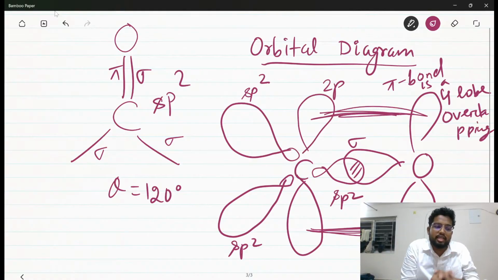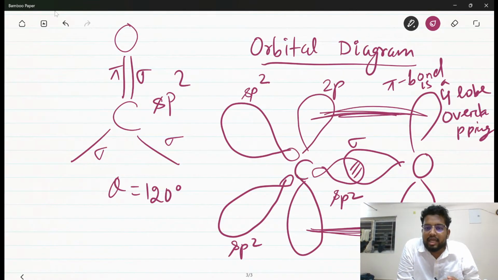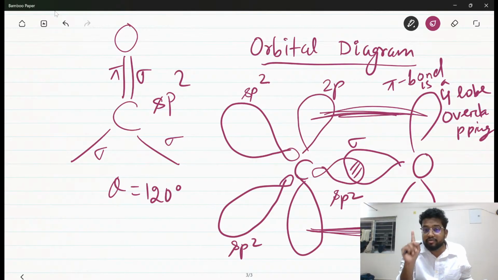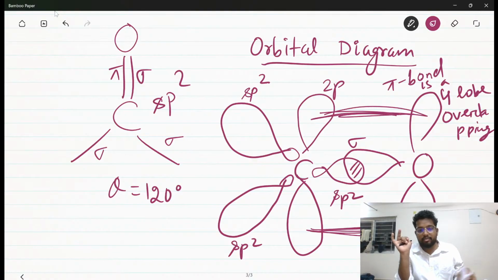Now, every organic chapter, may it be alkyl halide, aryl halide, may it be aldehyde, ketone, may it be alcohol, phenol, ether, it starts with introduction. Then we go to its reactivity. Before going to reactivity, we discuss all types of naming, aromatic naming, aliphatic naming, everything present in the naming.